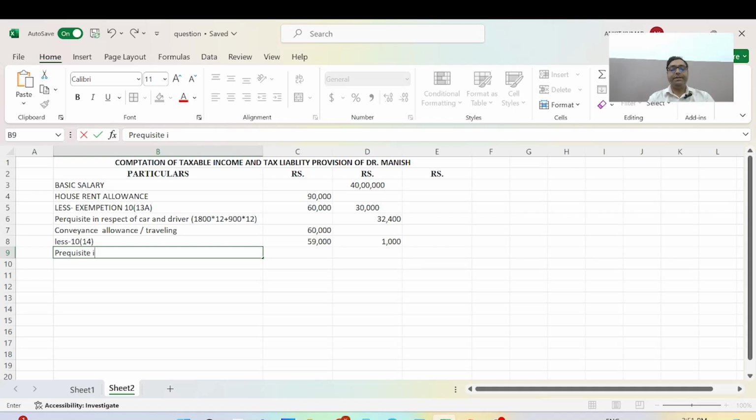Perquisite in respect of prepared food and vouchers, at the rate of 60 rupees multiplied by 300, this amount will be 18,000.